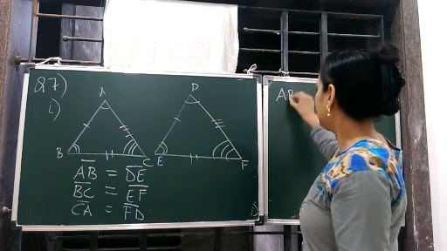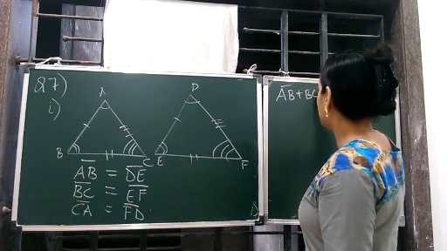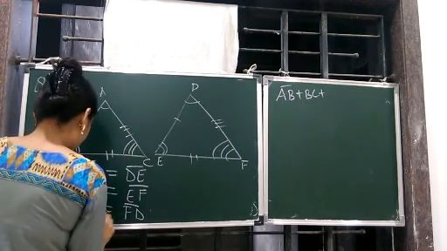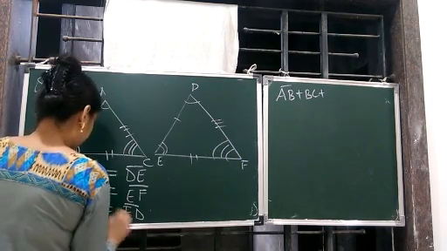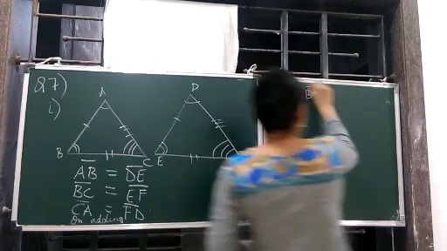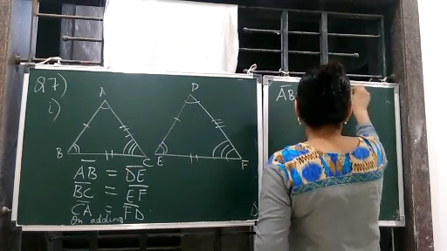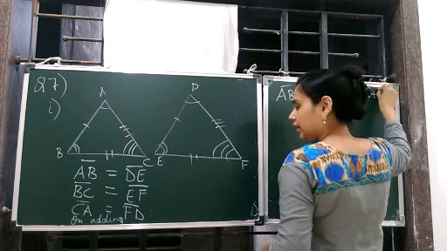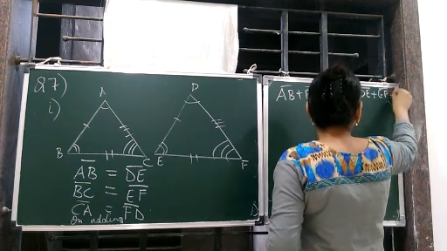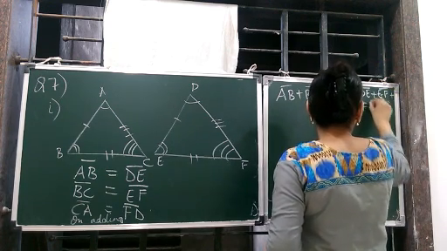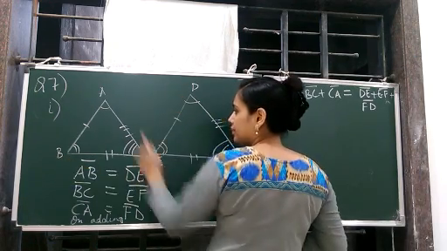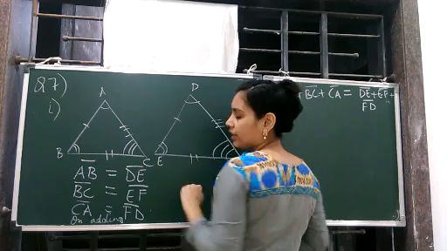So on adding, AB plus BC plus CA is equal to DE plus EF plus FD. Now when you add AB plus BC plus CA, that means perimeter of triangle ABC.